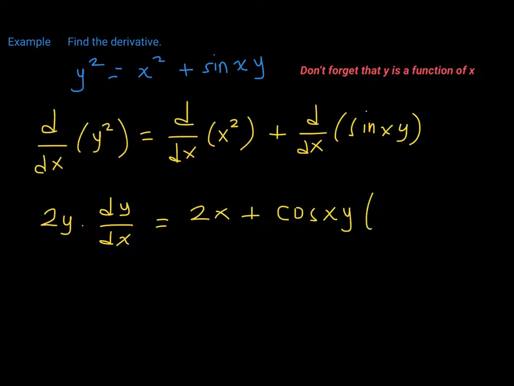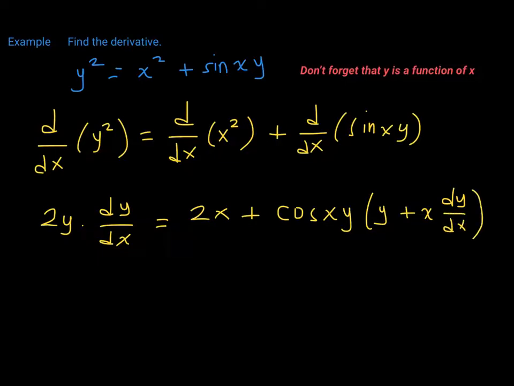Now, the derivative of xy, x times y, is a product, so we're going to use the product rule. Wow, it's the product rule inside the chain rule. The product rule for x times y is the derivative of x, which is 1, times y, plus x times the derivative of y with respect to x, so dy/dx.